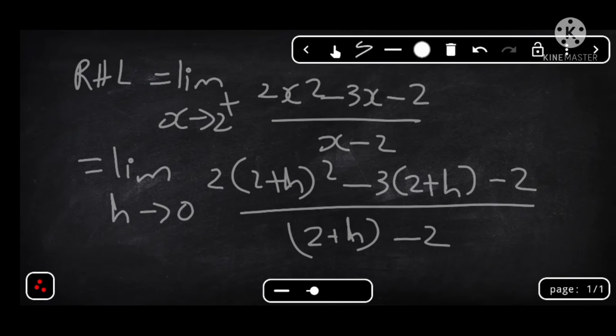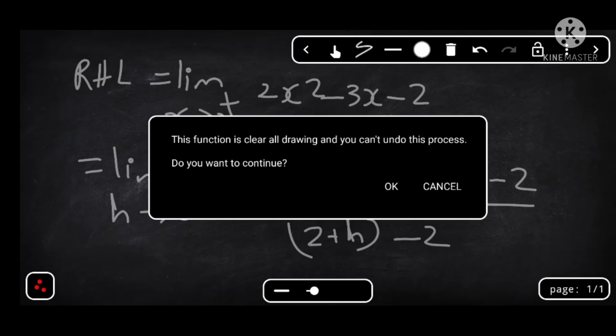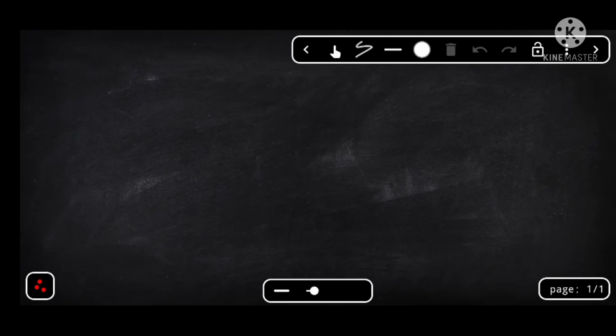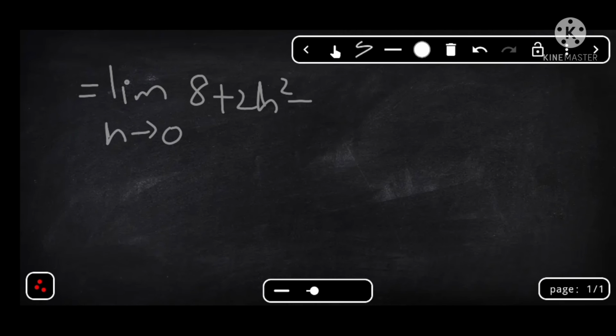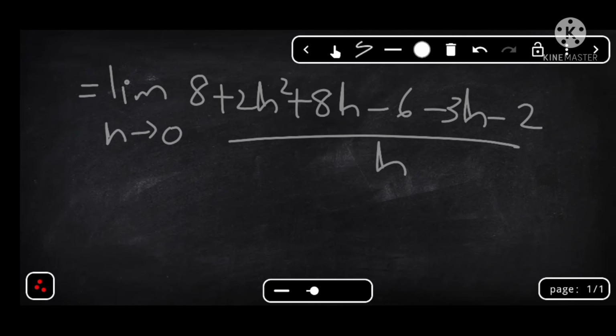Again expand this one, so it will be the limit as h tends to 0 of (8 + 2h² + 8h − 6 − 3h − 2) divided by h.